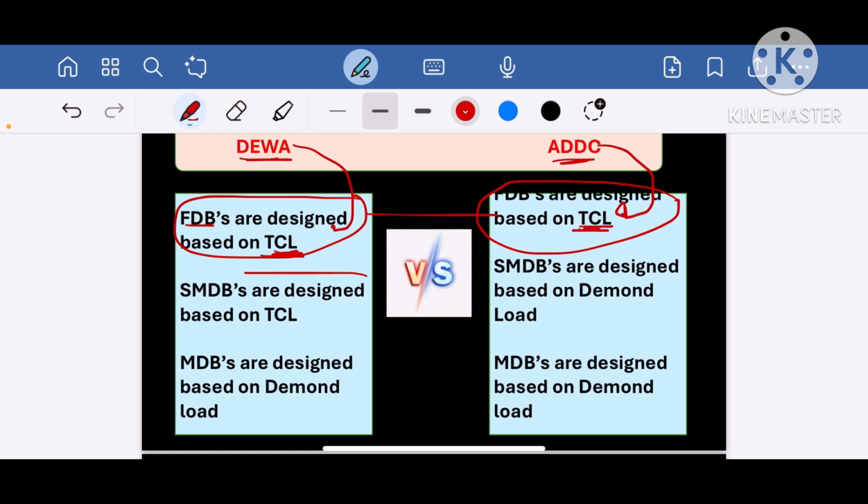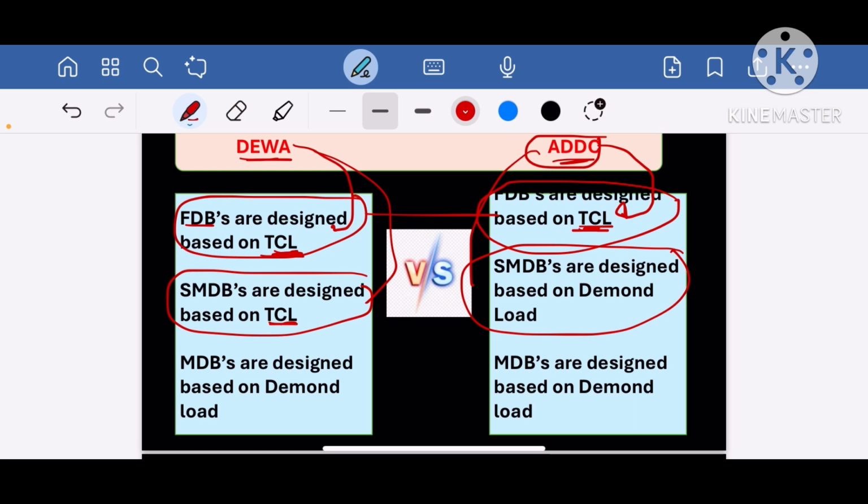But when we are designing the SMDB as per DEWA regulation, we have to consider total connected load. But whenever we are designing SMDB as per ADDC regulation, then we have to consider demand load, not total connected load.